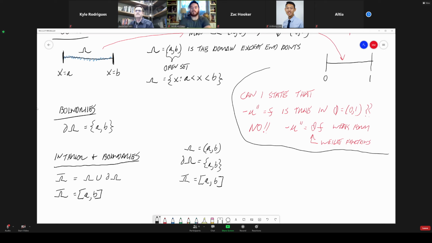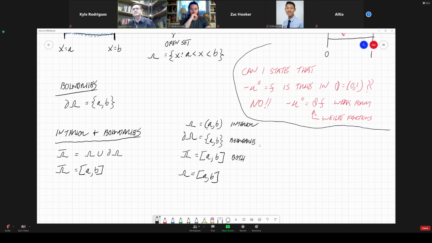Okay, cool. So interior, boundary, both. Square brackets signify both.